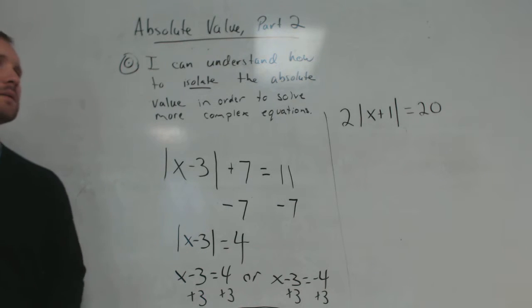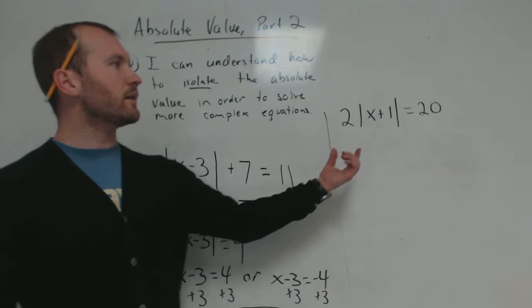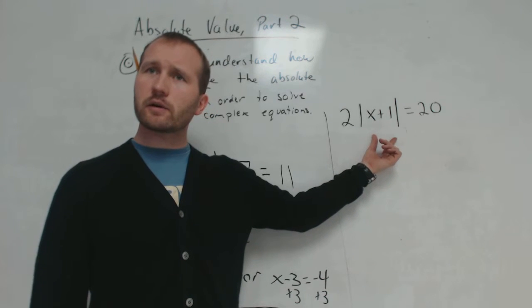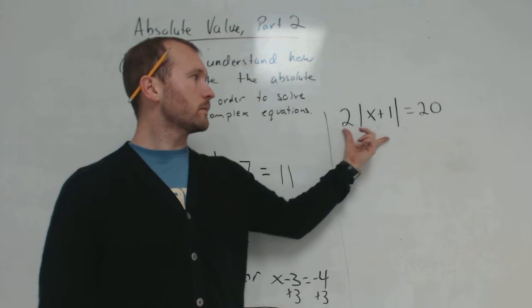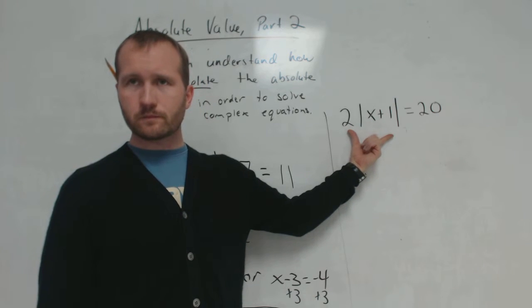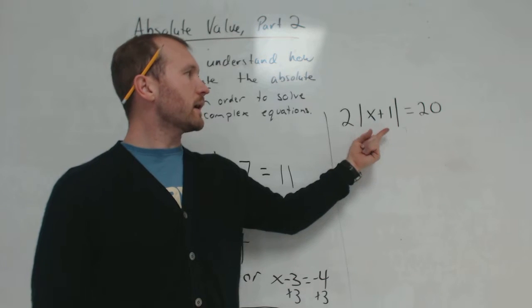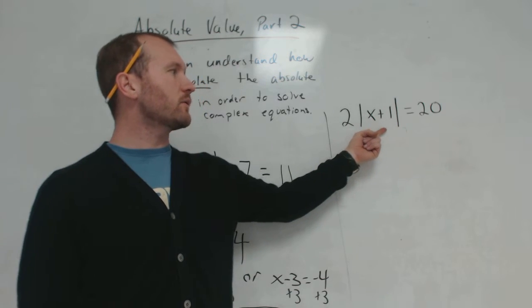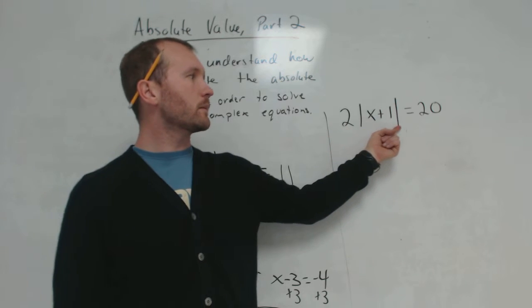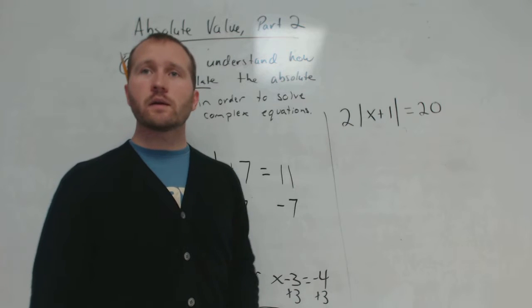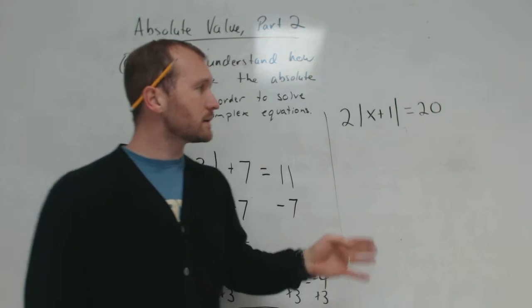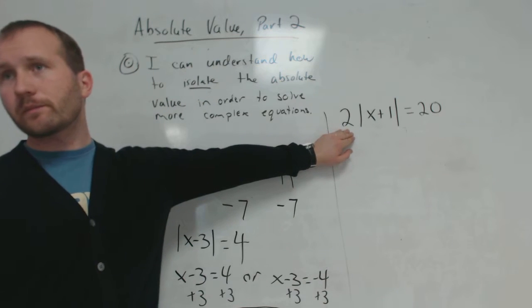Is there anything that's not in the absolute value on this side of the equation? You guys see any numbers not inside the absolute value? Which one? 2. So before I do anything else, I have to get rid of this 2.